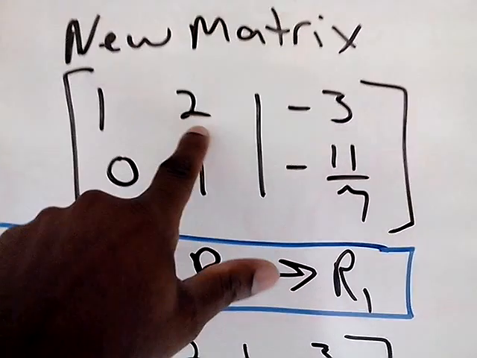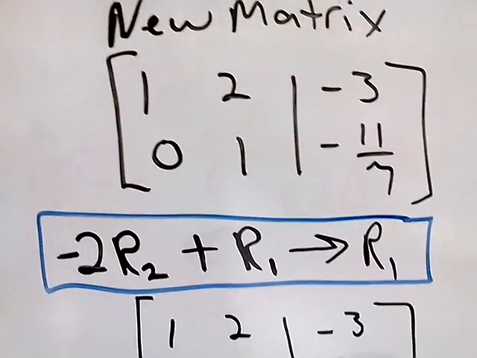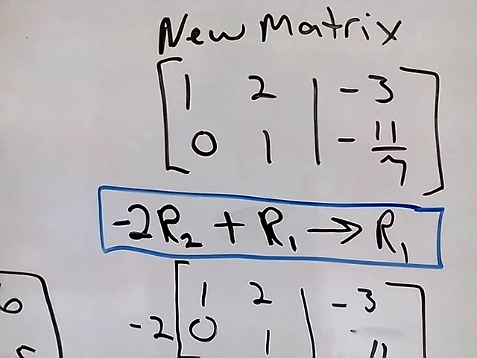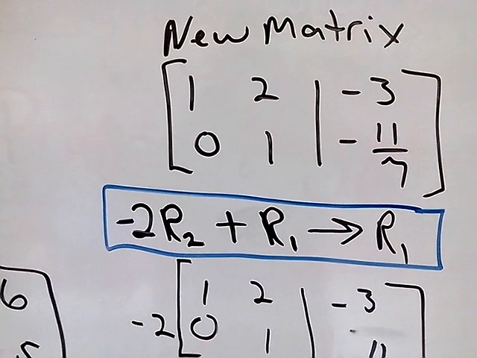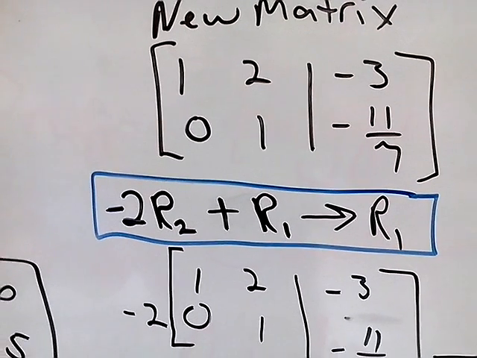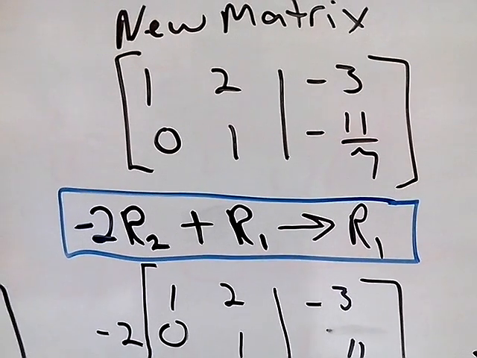We need a 0 to get to this. We need to replace this with a 0. So one of the ways that we can do that is by multiplying row 2 by negative 2 and then adding it to row 1 and replacing row 1 with those results.